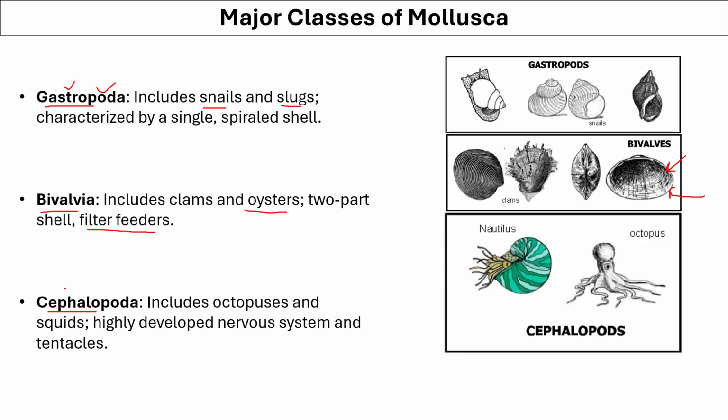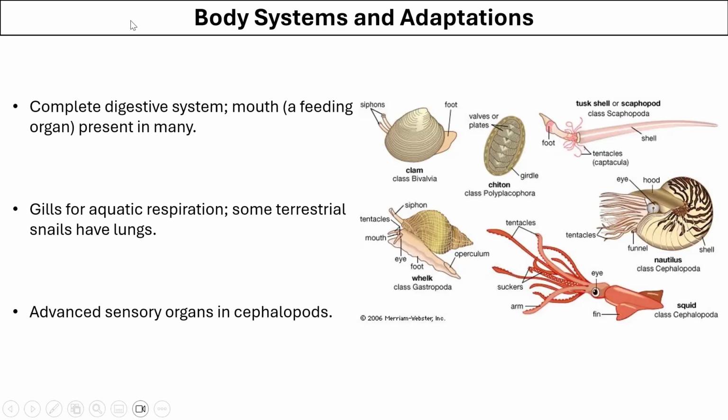Cephalopoda is the third class. Cephalo means head and poda means foot. That means they have their legs or feet originating from their head. As you can see, here is the head of an octopus, and it seems like their legs are originating from their head. They have a very well developed nervous system, and they have tentacles which help them sense their environment.